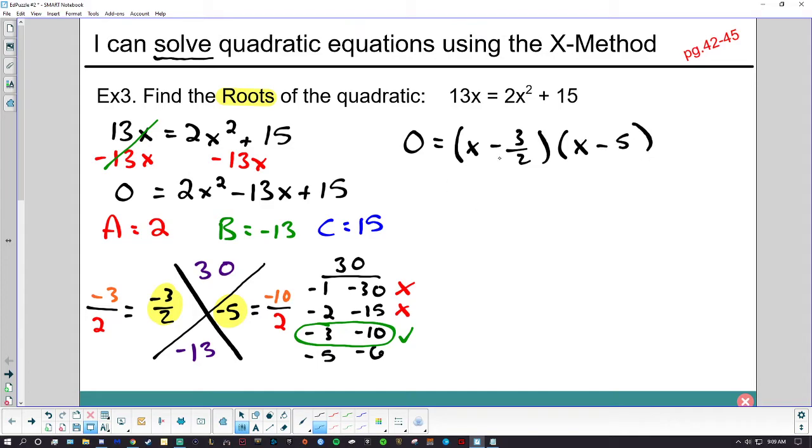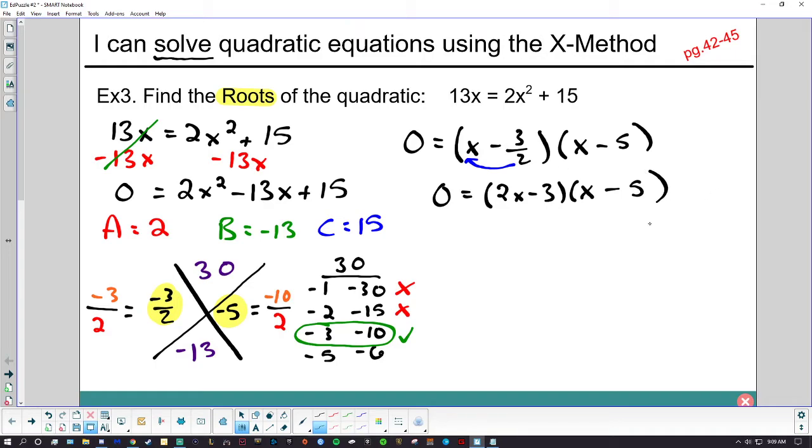If you stopped here, then you need to remember, we can't have a fraction. If we have a fraction, we need to make sure we move that in front of the x. So your factored form should have been 0 equals 2x minus 3 times x minus 5.